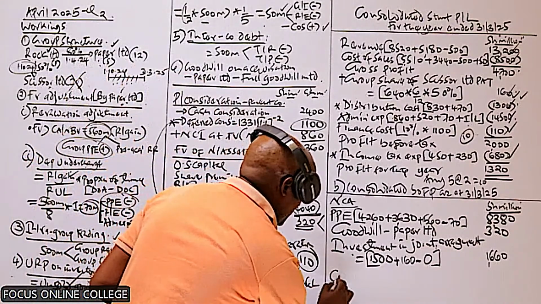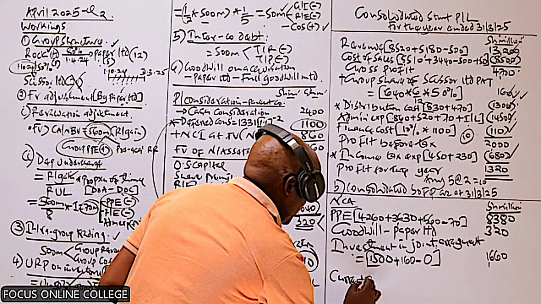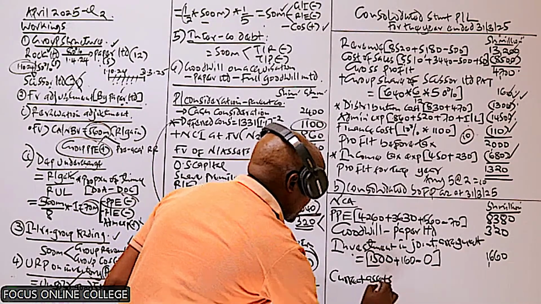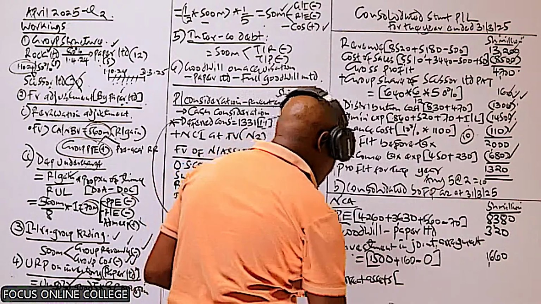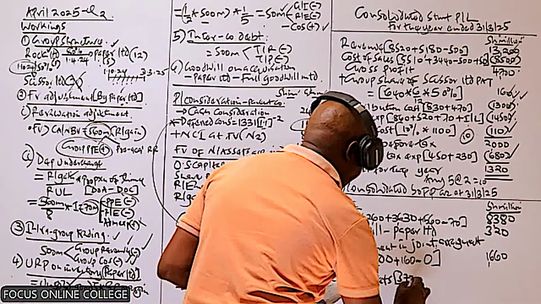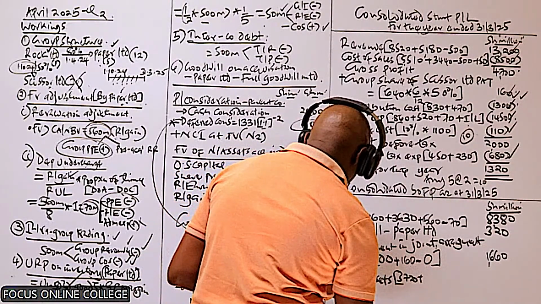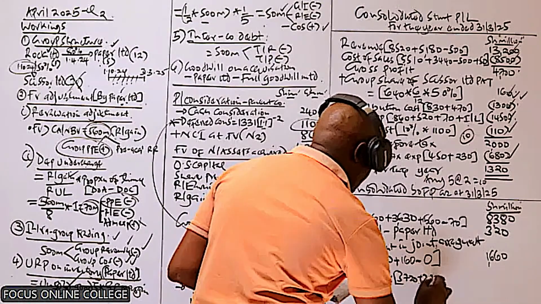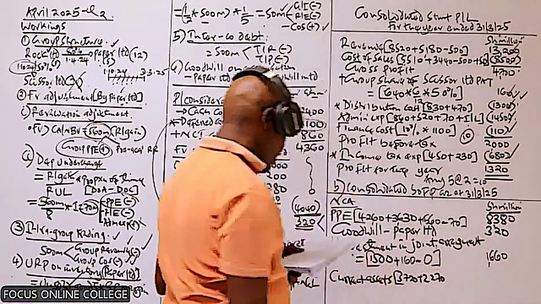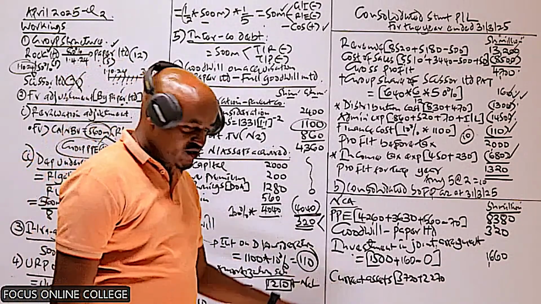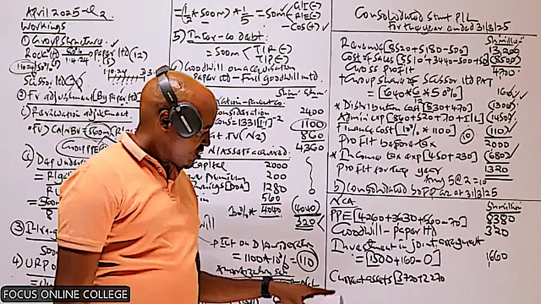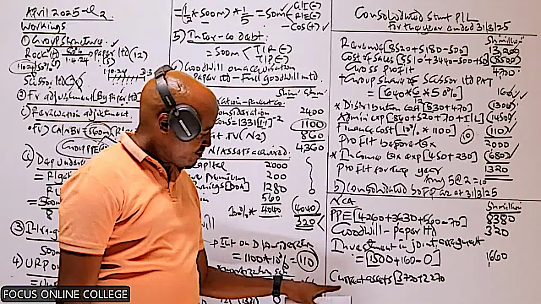Then from there we proceed and record the current assets. For the current assets, we are given the total. We take that of the parent, 720, plus that of the subsidiary, 2270. You have to recall that inventory, receivables, cash, and bank balance are part of this.